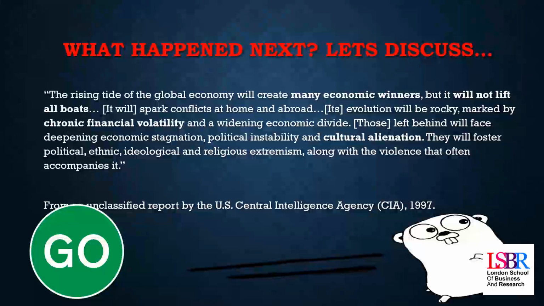Hello there, yes. Good afternoon. What the CIA report said in 1997 is actually the consequences are things that we are seeing now. What we are seeing now is not different from what they said in 1997, especially with the political instability and all the other factors.